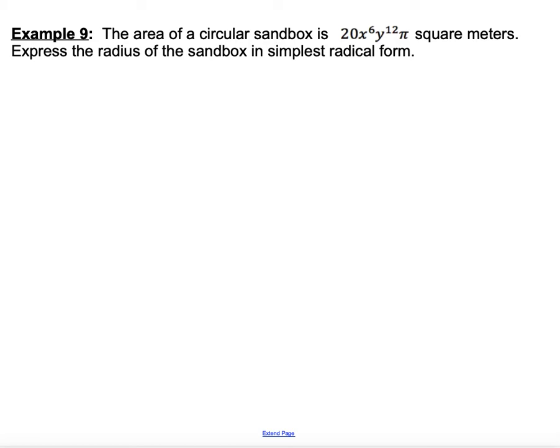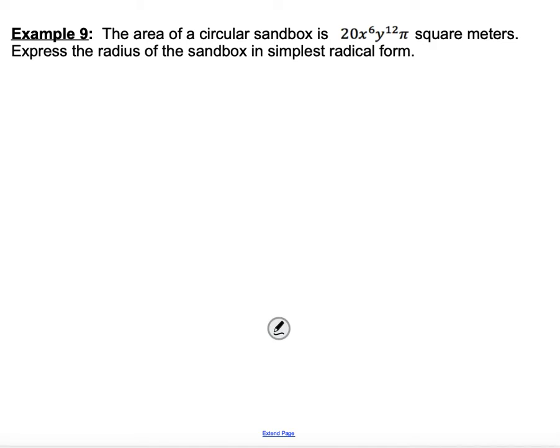All right, so we have the area of a circular sandbox is 20x to the 6th, y to the 12th times pi square meters. Express the radius of the sandbox in simplest radical form. So looking at one like this one here, let's think about how do you find the area of a circle.